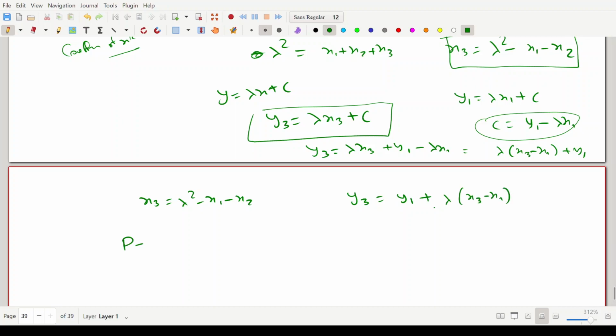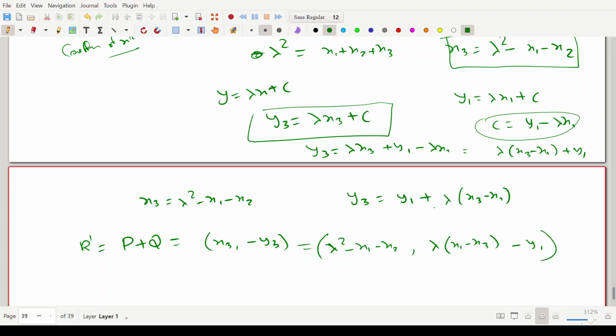So what is my p plus q? P plus q, which I call r dash, is x3 comma minus y3, which can be written as lambda square minus x1 minus x2, comma, if I put minus, it will become lambda times x1 minus x3 minus y1. This is what I'm having.